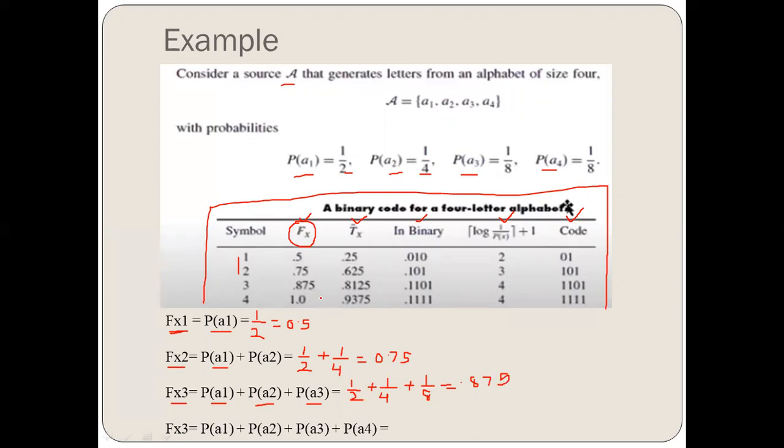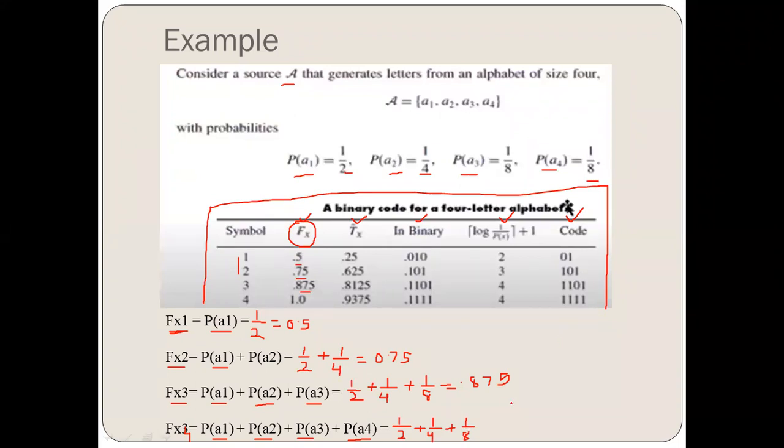All right, so this is what we have written here: 0.5, 0.75, 0.875, and lastly the function for A4 will be the sum of all the probabilities of 4 symbols, that is A1, A2, A3 and A4, and that will be equal to 1 by 2 plus 1 by 4 plus 1 by 8, and again what is the probability for A4?